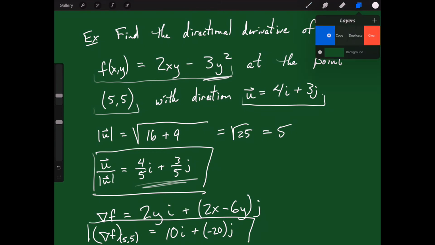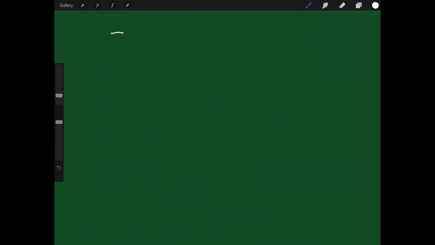So let's do it. I need the gradient of f evaluated at 5, 5, dotted with this unit vector, which in this case is u divided by magnitude u. Both of those I know.